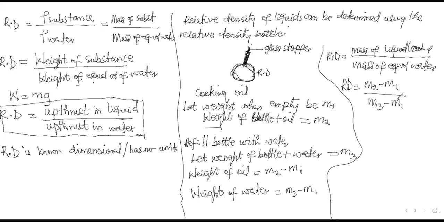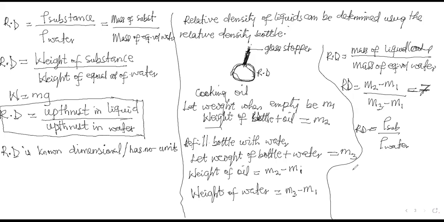Now, the moment you determine the RD of a substance, you can use that to determine the density of the substance. Supposing, as an example, we had RD equal to 7. The same RD is also equal to the density of the substance divided by the density of equal volume of water.